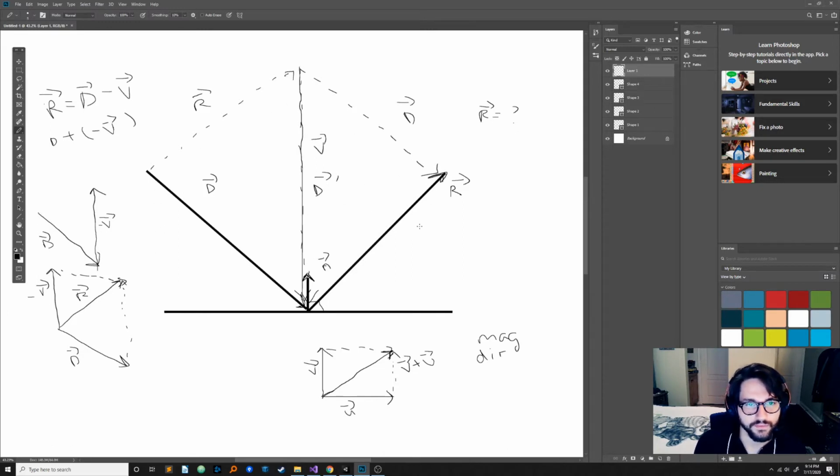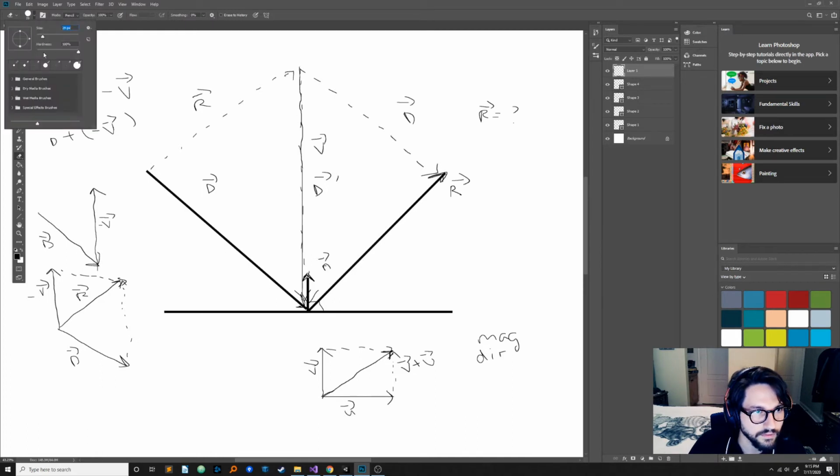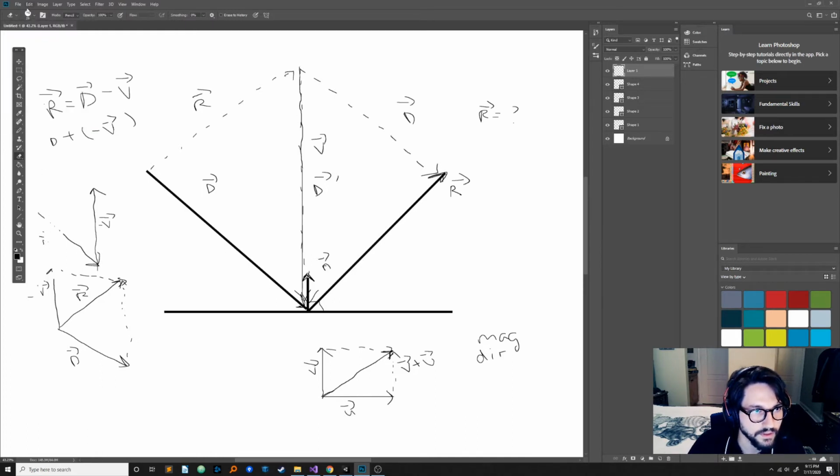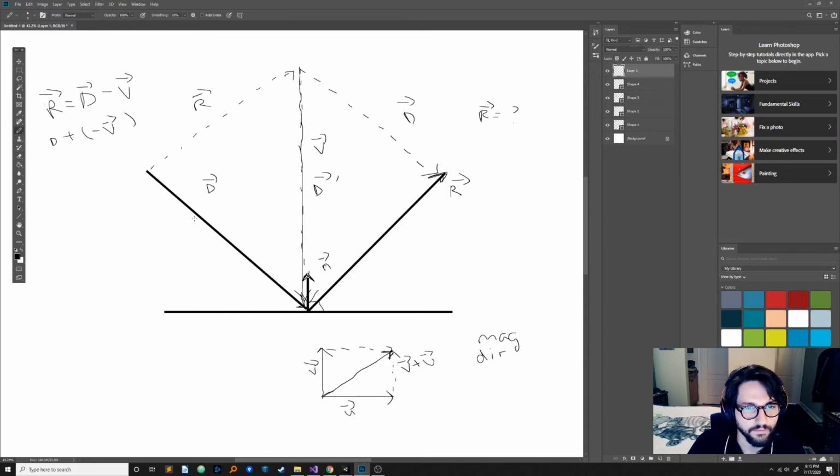So basically what we want is, let me try and erase some of this stuff so I can work here. Okay, so we're trying to solve for D prime.